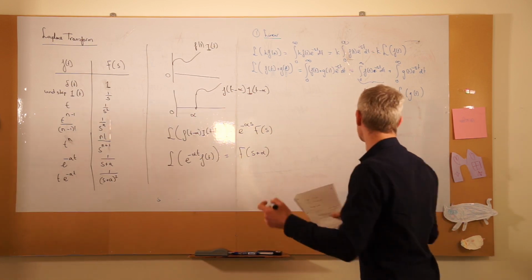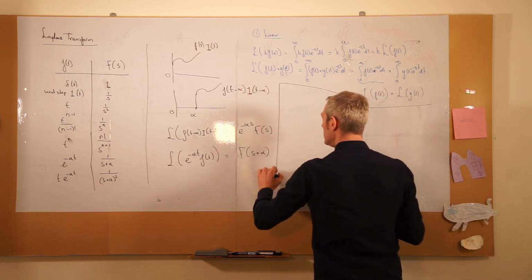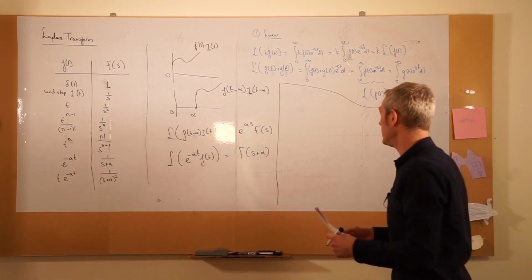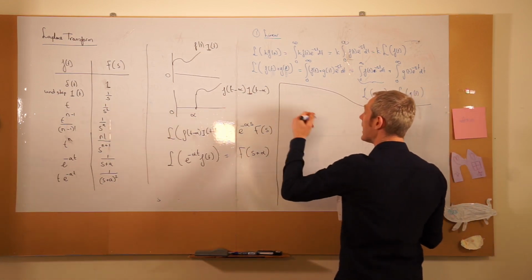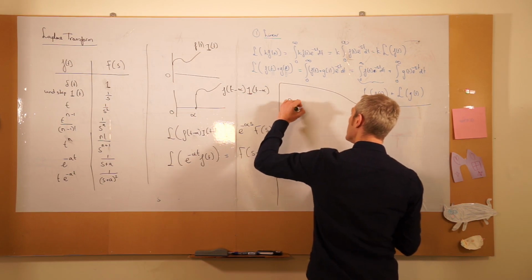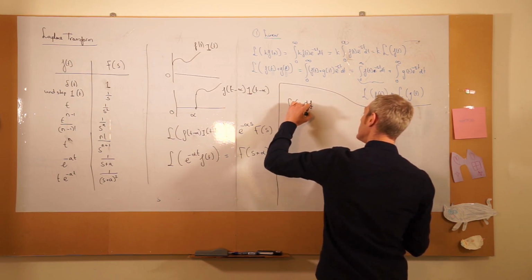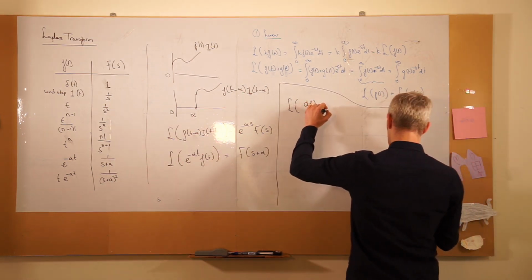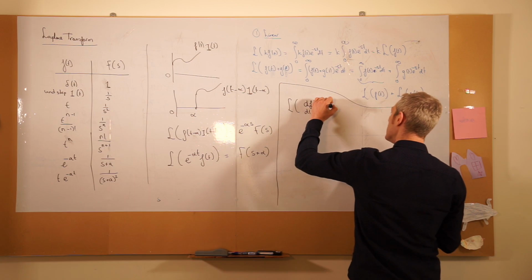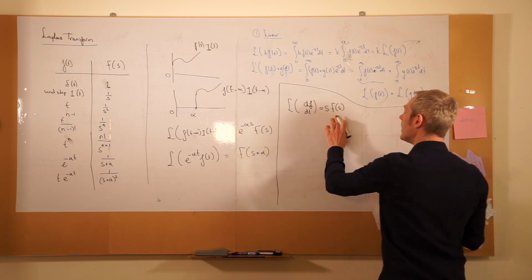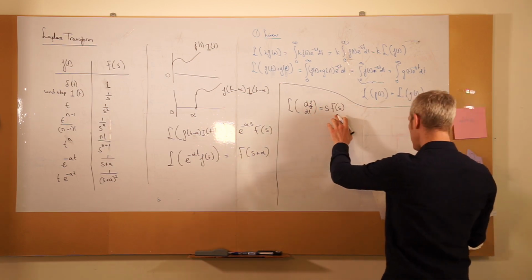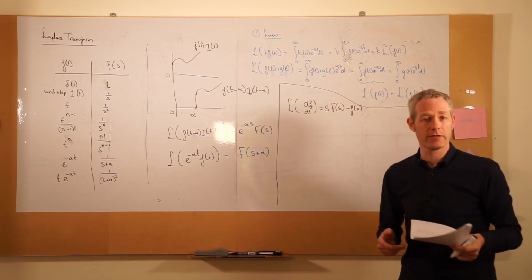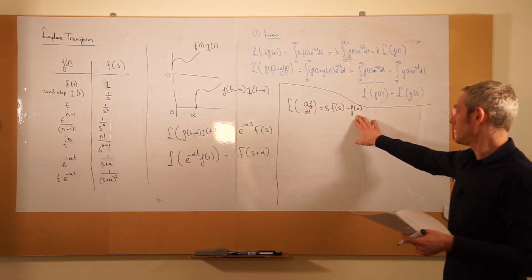So these are shifts, but one operation we see a lot more of in differential equations is the derivative. So if, let's say we have some f(t), and we take the Laplace transform of df/dt, then we end up with s times the Laplace transform of f minus f at t is 0. So this is the initial condition.